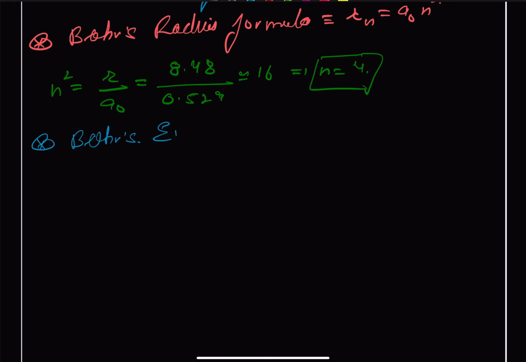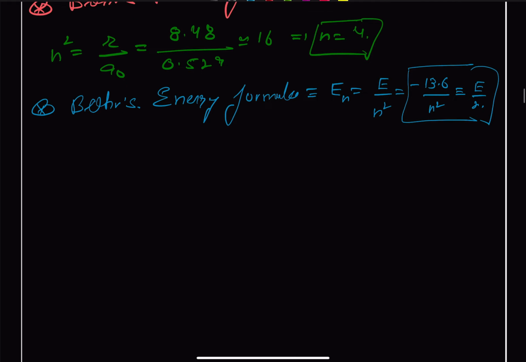So for the nth orbit, we know that energy E of n is equal to minus 13.6 upon n square, or we can write it as E upon n square, which is given to us as E upon x.